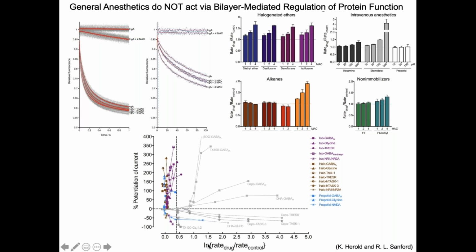And if we compare a lot of different molecules on different ion channels, and use the changes in quench rate as a measure of their bilayer modifying effect, then we see that there are honest to goodness bilayer modifiers, as you see here, such as capsaicin and other molecules, and they can cause changes in membrane protein function that indeed are related to the changes in quench rate.